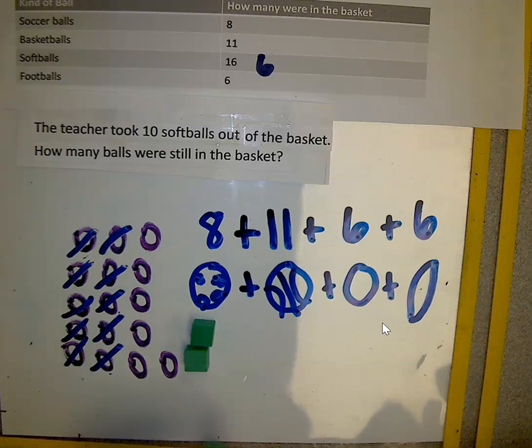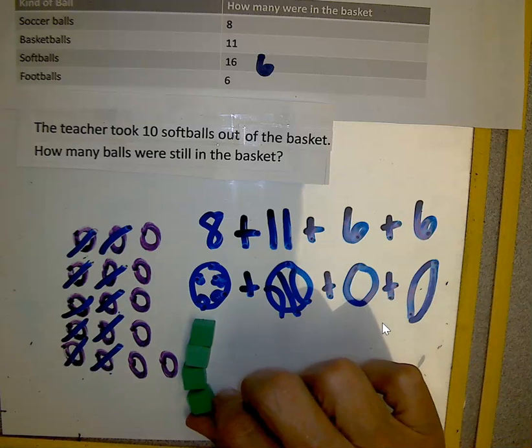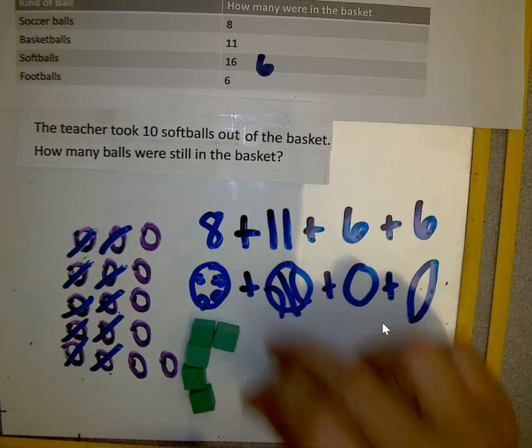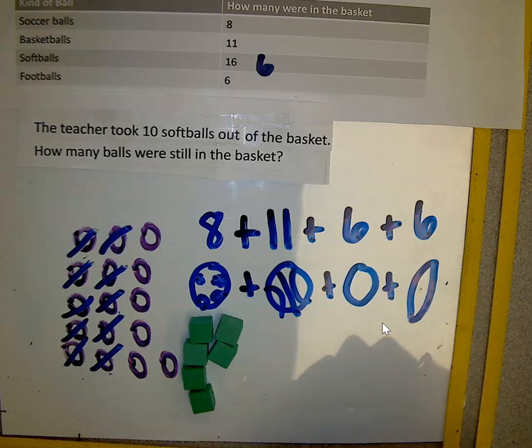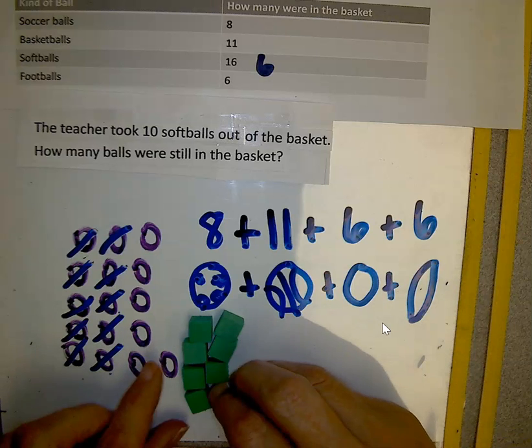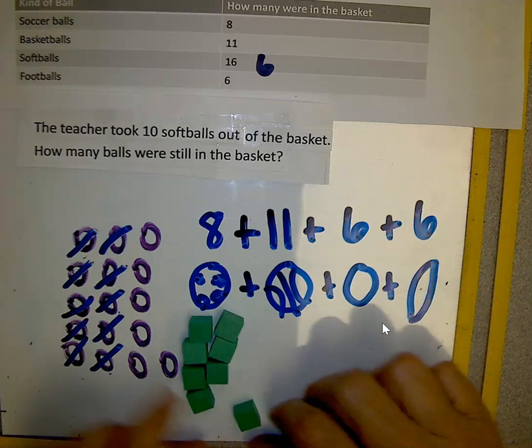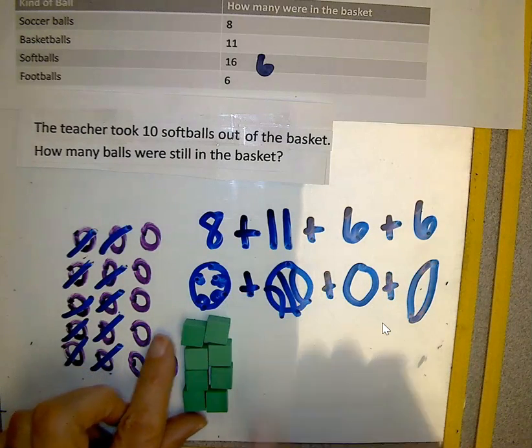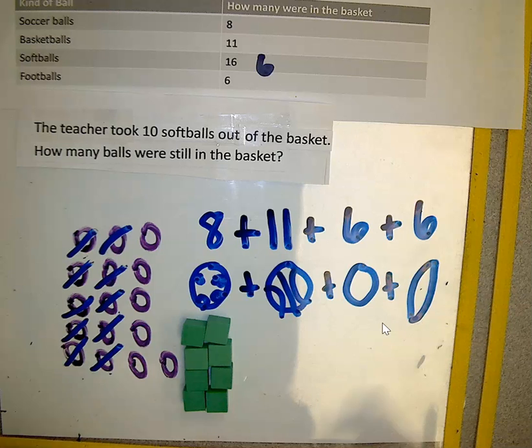1, 2, 3, 4, 5, 6, 7, 8. What does the 8 represent? That's right, the 8 represents the soccer balls.